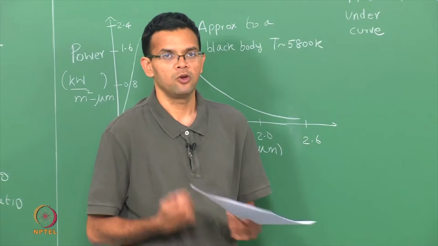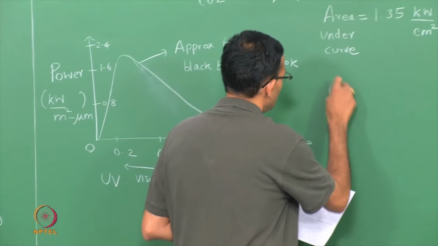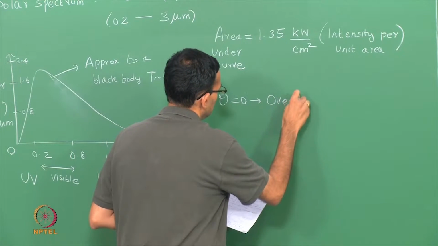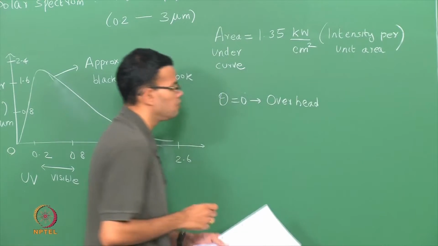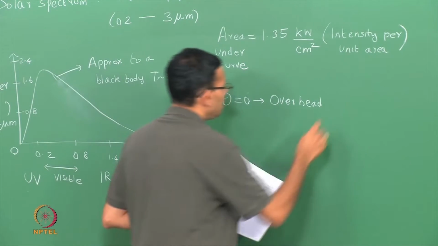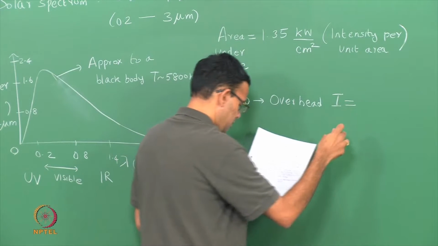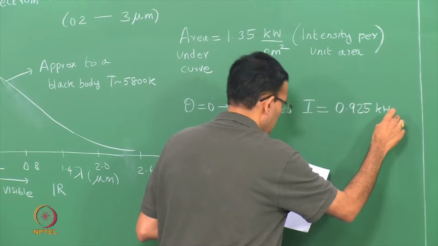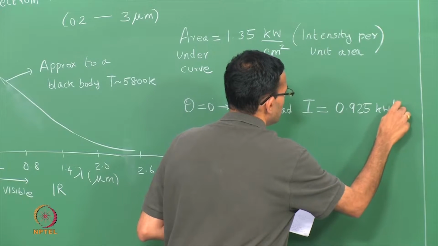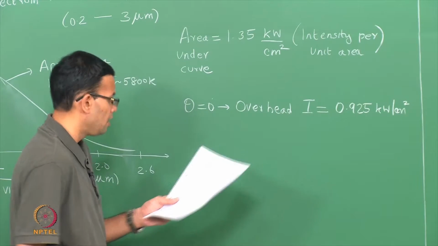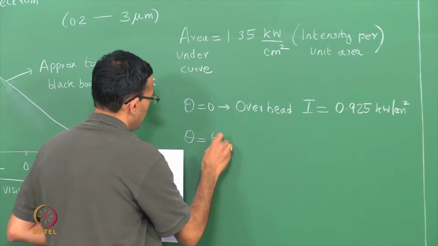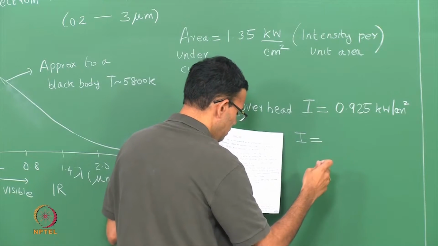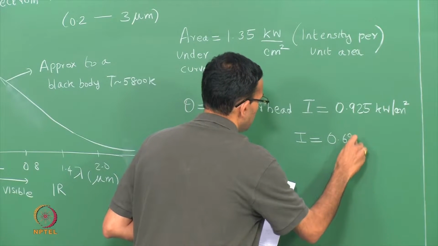For example, if you have solar light directly overhead, so when theta is 0, the intensity I is around 0.925 kilowatts per centimeter square, and when theta is 60, there is some scattering and the path length is more. The intensity I is lower, it's around 0.691.